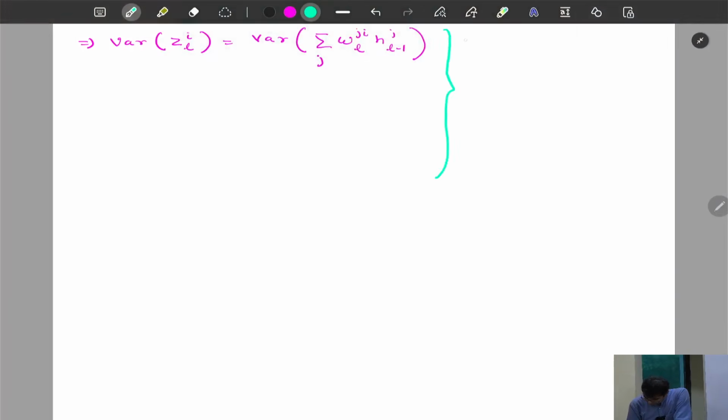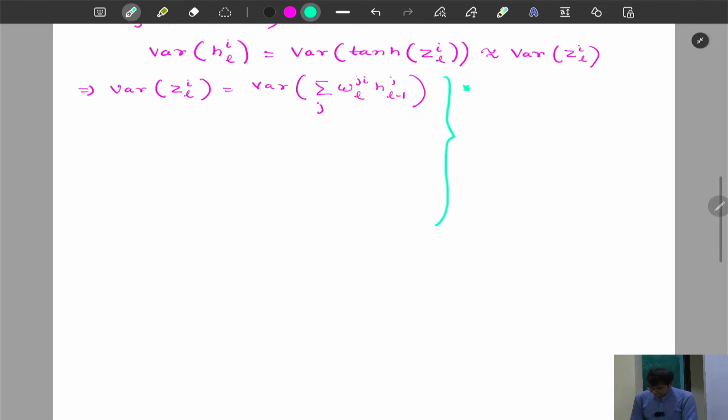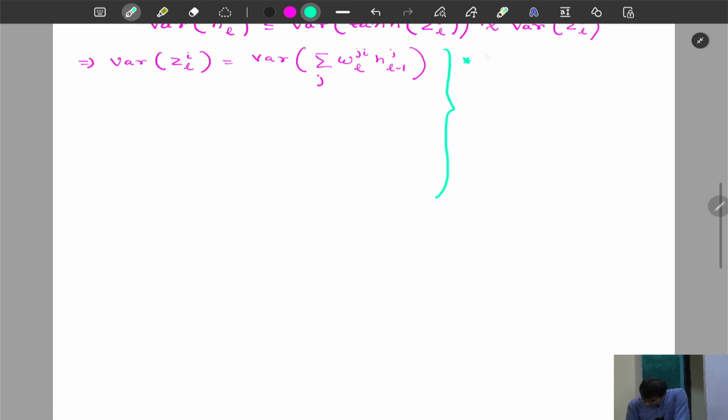The first thing I'm saying is that input features are independent. This is a reasonable assumption to make.